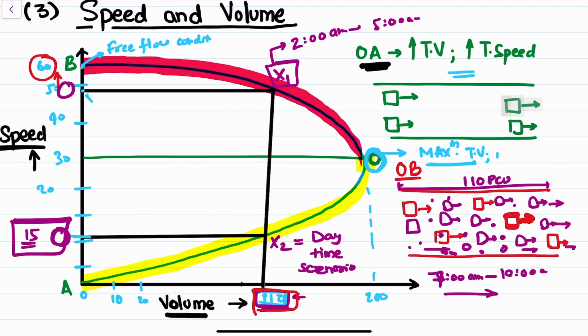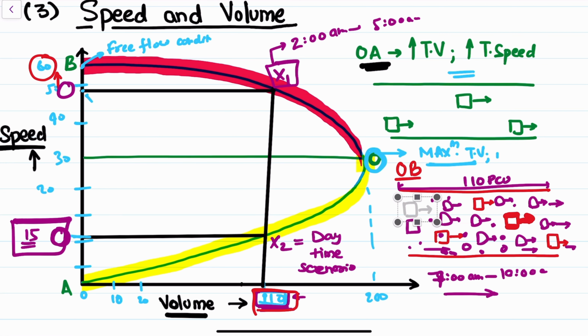Since there were not many vehicles on the road, the velocity with which the vehicles were crossing the road section was fairly high. While contrary to that, though there can be a higher number of vehicles present on the road, only 110 PCUs were crossing the road section. That is why, at the same traffic volume, you can get two different speeds.